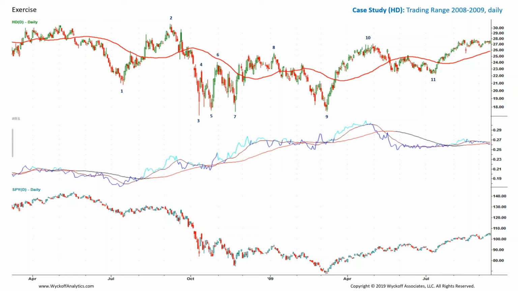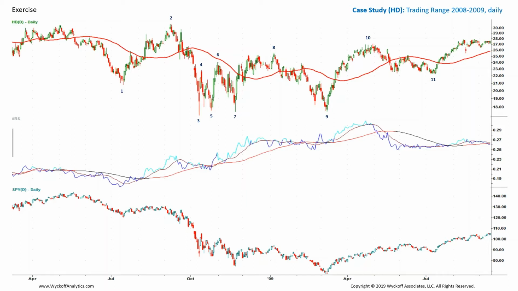We look at the relative strength as a function of institutional buying or selling, a function of institutional preference over other stocks. And as they prefer this particular stock, then it should be reflected in the way the price behaves and how the volume behaves.